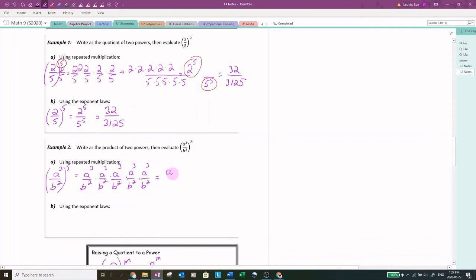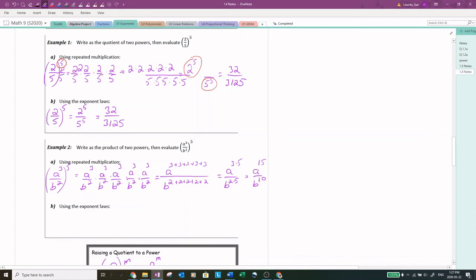This equals a cubed times a cubed times a cubed times a cubed times a cubed. So it's a to the 3 plus 3 plus 3 plus 3 plus 3 all over b to the 2 plus 2 plus 2 plus 2 plus 2, which equals a to the 3 times 5 over b to the 2 times 5, which is a to the 15 over b to the 10.